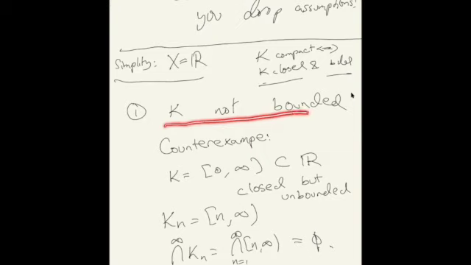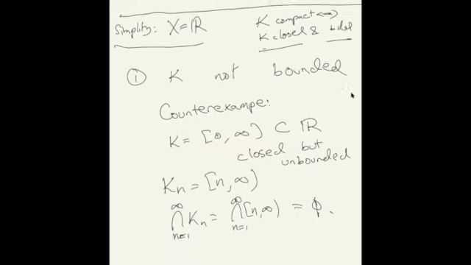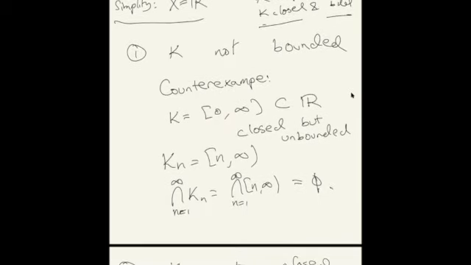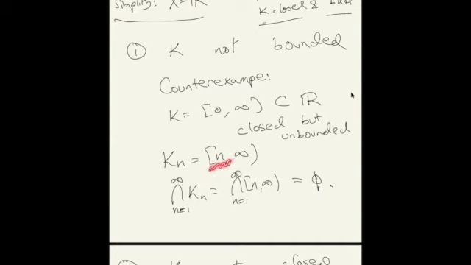So if K is not bounded, then what we could do as a counterexample is take K to be the set of non-negative real numbers, so 0 to infinity. Well, this is closed but unbounded, so therefore not compact. We could define Kn as all the numbers bigger than or equal to n, but this time the intersection of all of these sets would be empty because there is no number that's bigger than or equal to all n's.